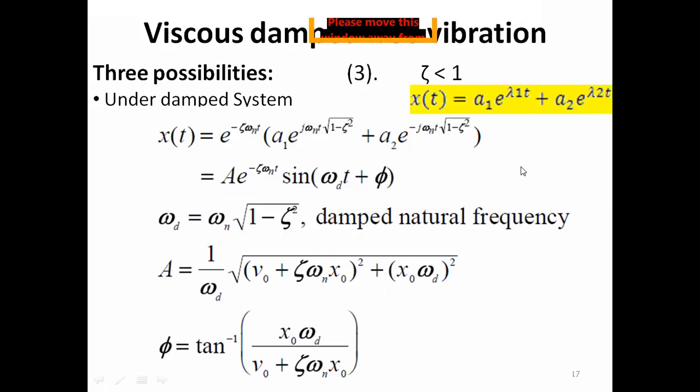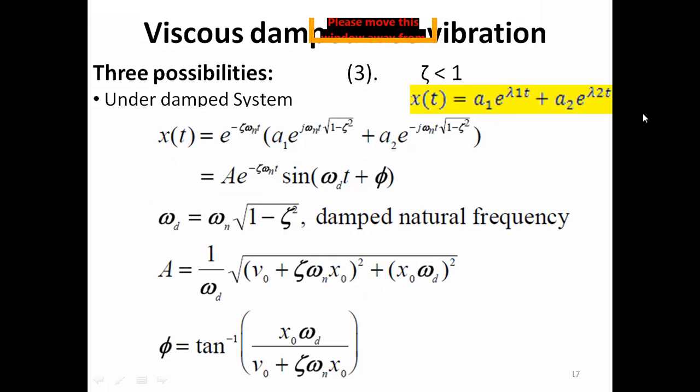Since we have two complex roots with a conjugate pair, the solution of that differential equation, the general solution, would be x of t is equal to a1 exponential lambda 1 t plus a2 exponential lambda 2 t.